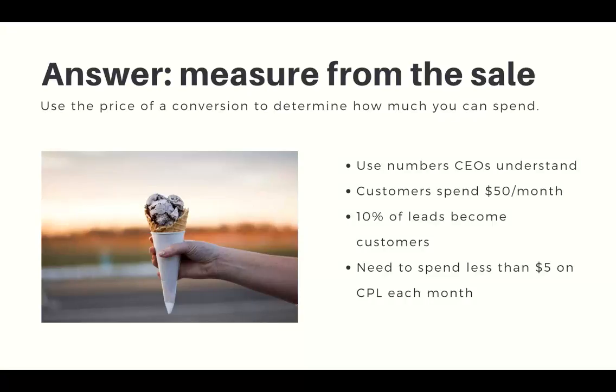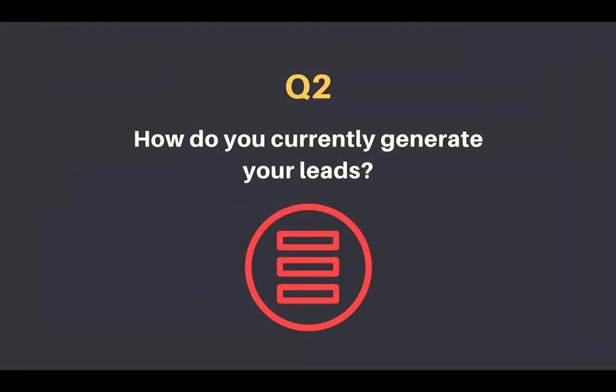So you have about 5 cents, ideally less, to spend to get those impressions in order to turn 1% of them into leads and 10% of those leads into customers. Just a way to think about how you structure and budget for social media.